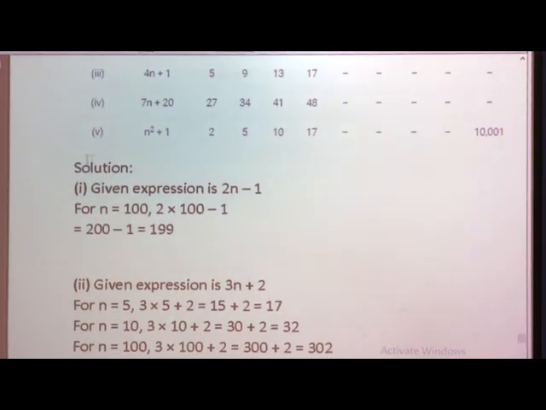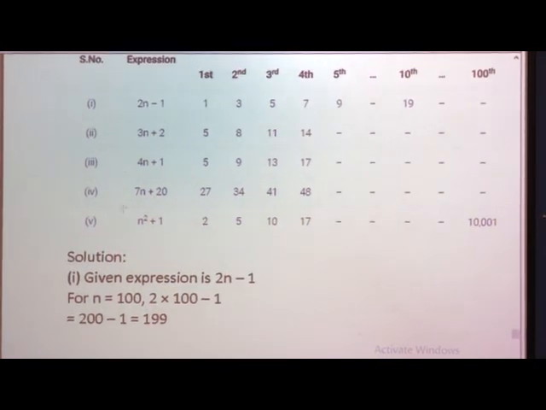So, I had showed you 7n plus 20, we have to put the value of n as 5. So, what number of line segments is required, that we have to write. That is, with the value of n as 10, how many line segments we required.